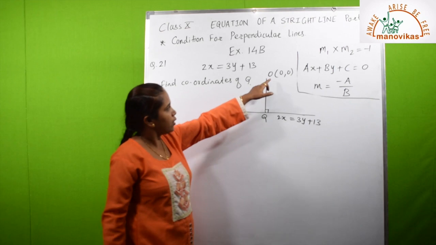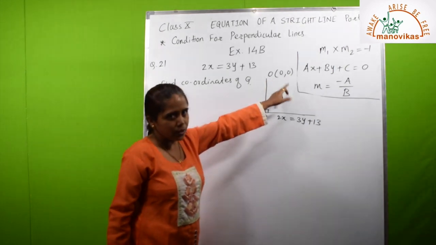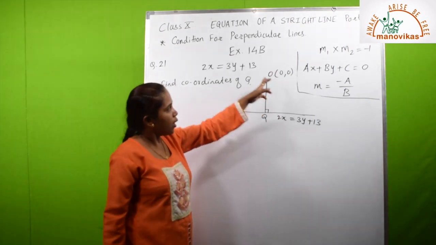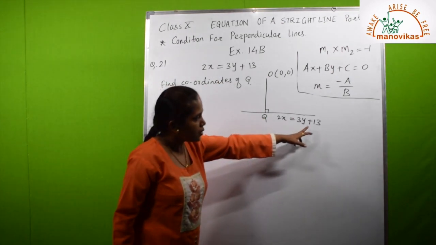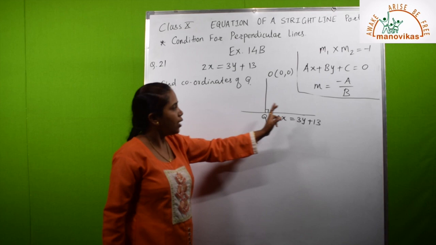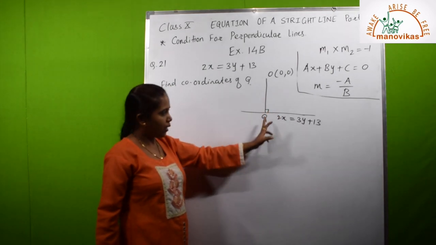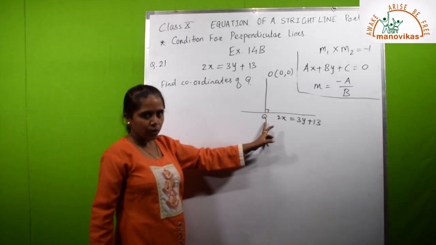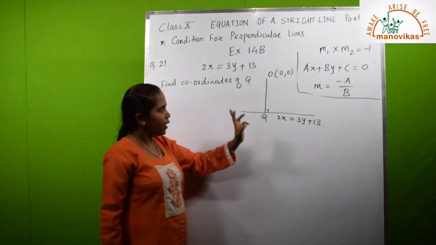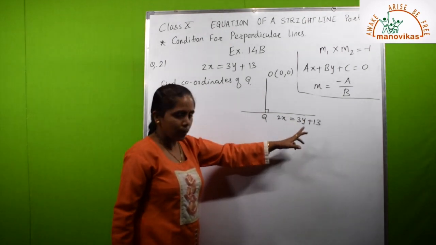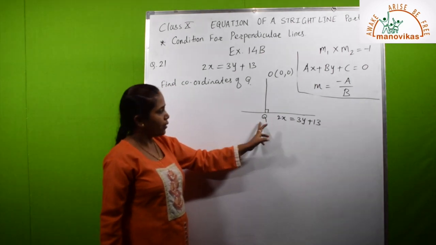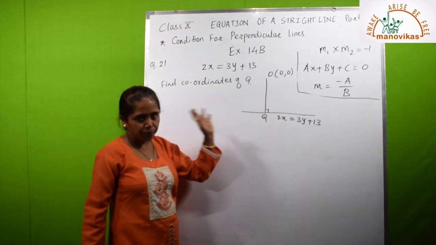A line passing through the origin O (0, 0) meets the line 2x = 3y plus 13 at a right angle at point Q. So here OQ is perpendicular to the line 2x = 3y plus 13. We have to find the coordinates of Q.